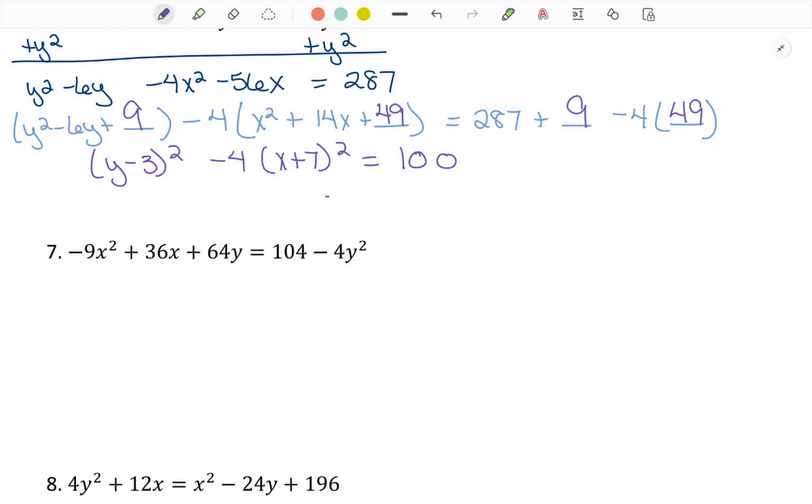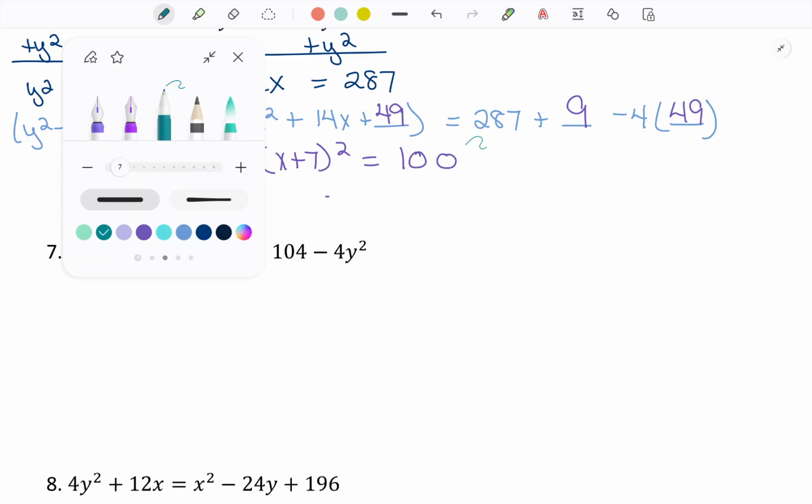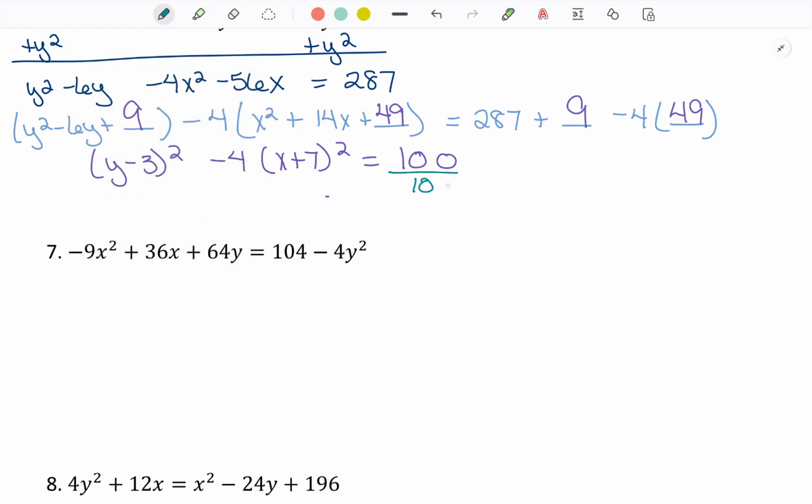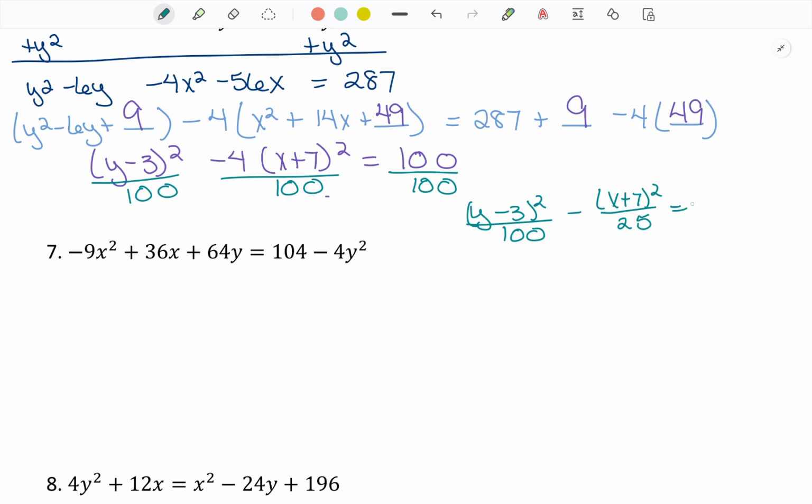So we have 100 that we need to divide by. So we will have (y minus 3) squared over 100. And then 4 over 100 reduces to 1 over 25. So we'll have minus (x plus 7) squared over 25, and that equals 1.